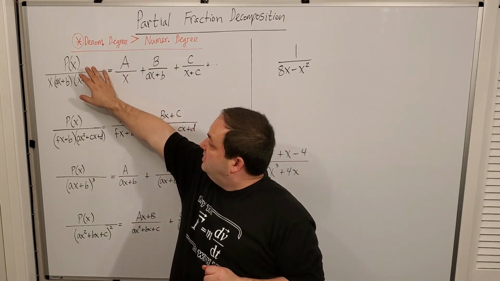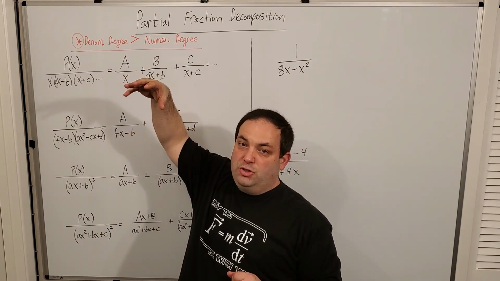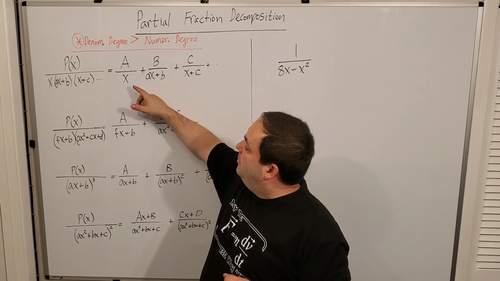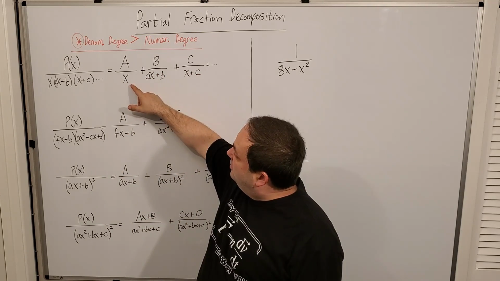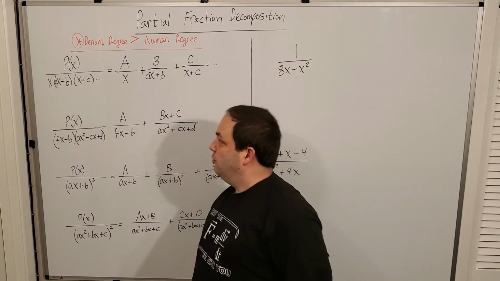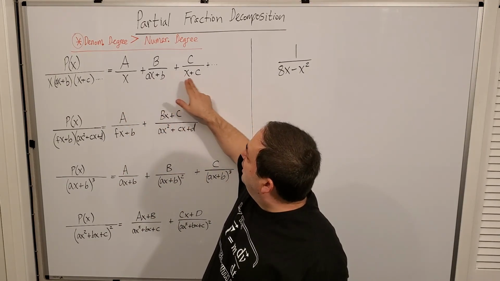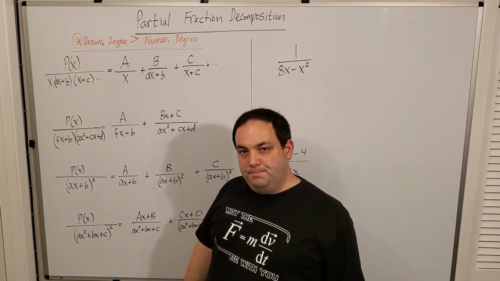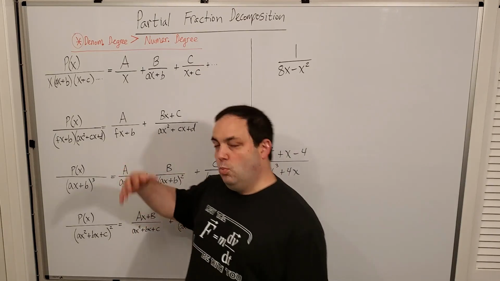Once the numerator is a smaller degree, this is where you can go further and break it up. So the denominator has to be a larger degree. That's why if we're doing all linear pieces, the numerators are just going to be numbers.